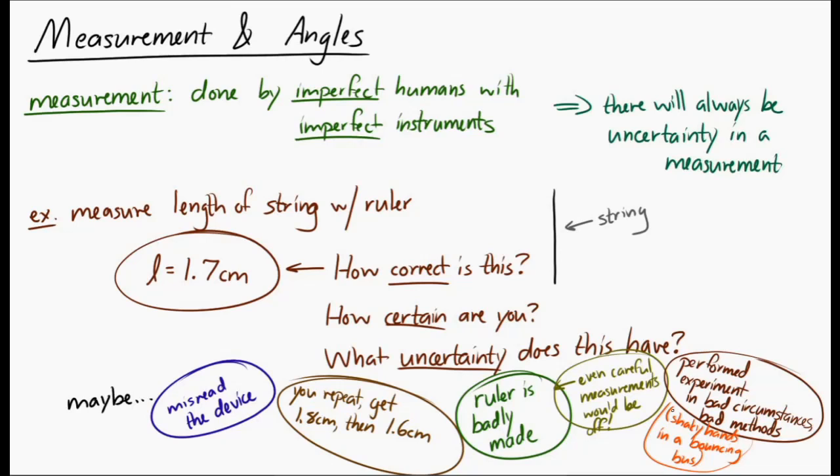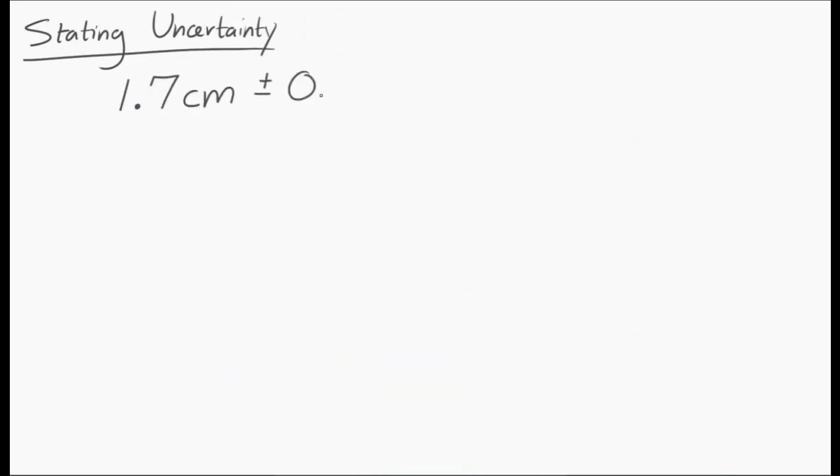Now, let's think about how to state the uncertainty. One way to do it, for example, would be 1.7 centimeters plus or minus 0.3 centimeters. When I write it this way, the first number, the 1.7 centimeters, that's our best estimate. That's our best attempt at the measurement. And this 0.3 centimeters is what we call the uncertainty in the measurement.